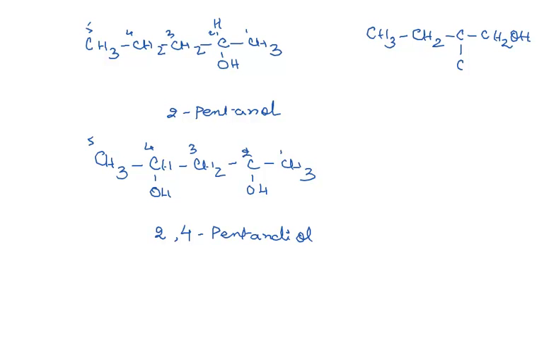So what will be the name of this compound? This is the highest priority, so it should be 1, then 2, 3 and 4, and at the second carbon there is a methyl group. So what I'll write is 2-methylbutanol.